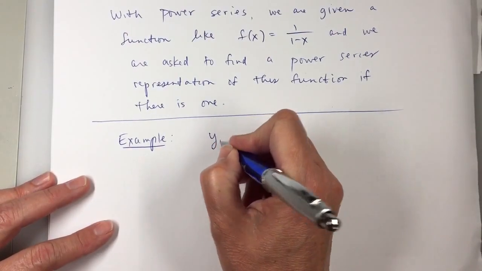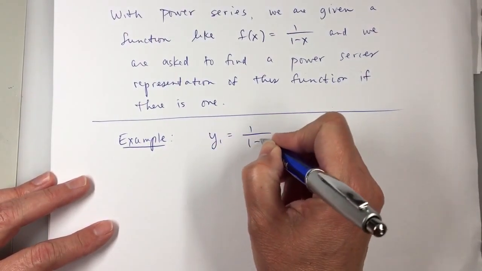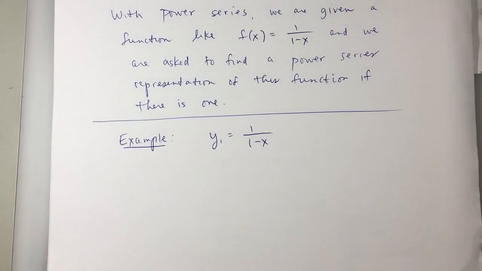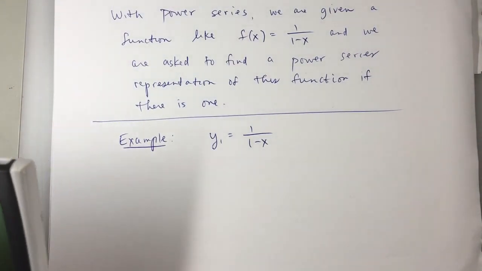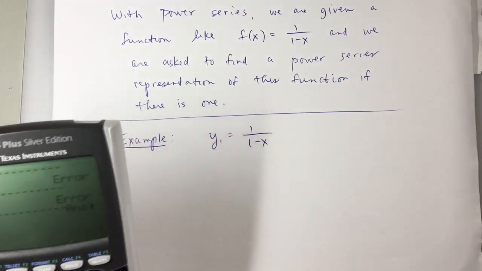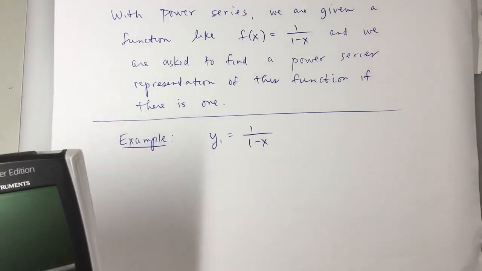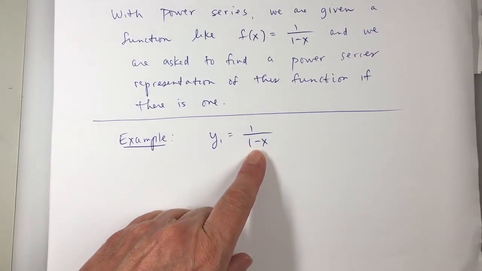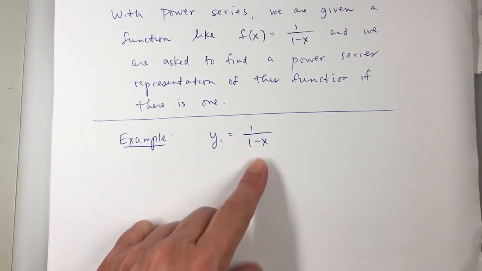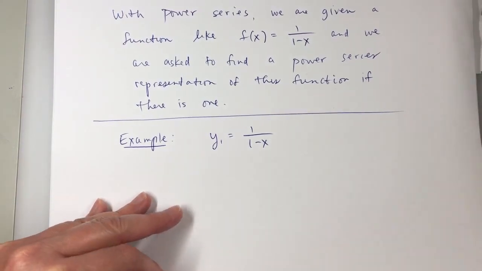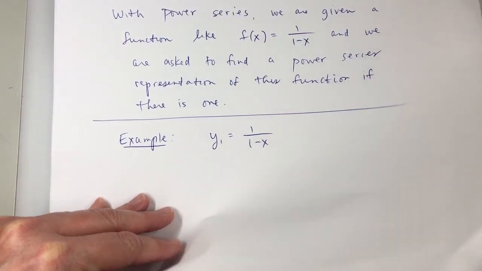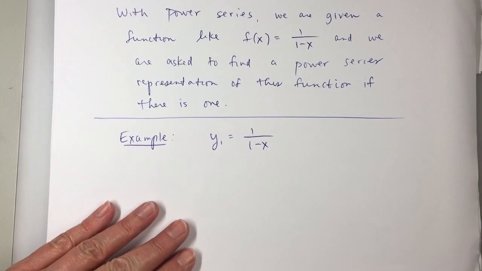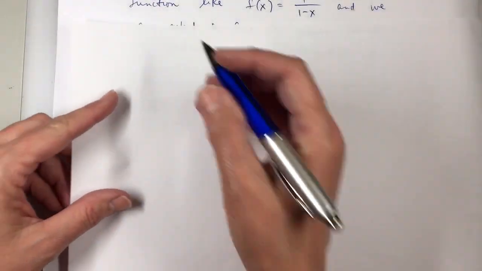I put in y1, 1 over 1 minus x. I'm going to graph that maybe on the side here, or on a new piece of paper. I know this is a rational function. It's something that you probably studied in algebra at some point, maybe even last semester in 1552.